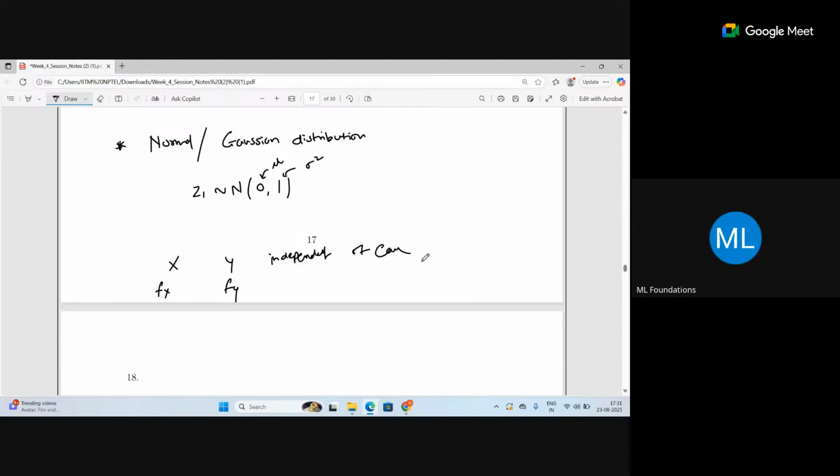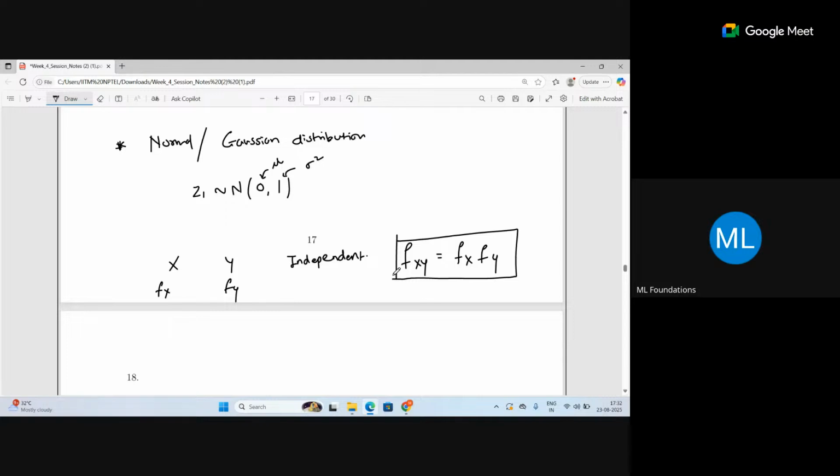If they are independent of each other, then what do we say about their joint density? It is equal to the product of marginals, right? Fine. So this is what we have seen, and this rule is not only for two random variables. It can be used for multiple random variables as well. Fine.